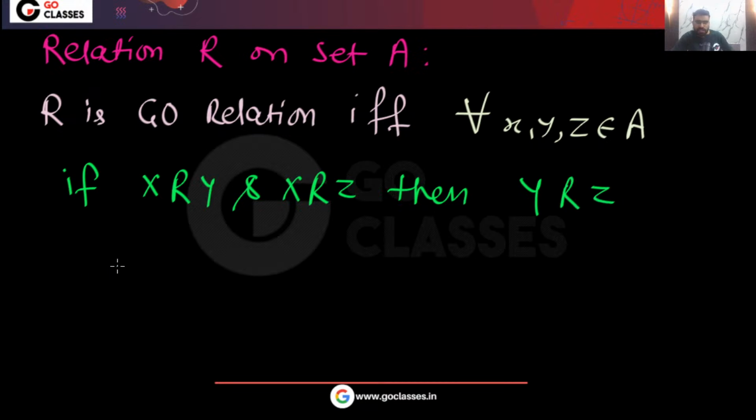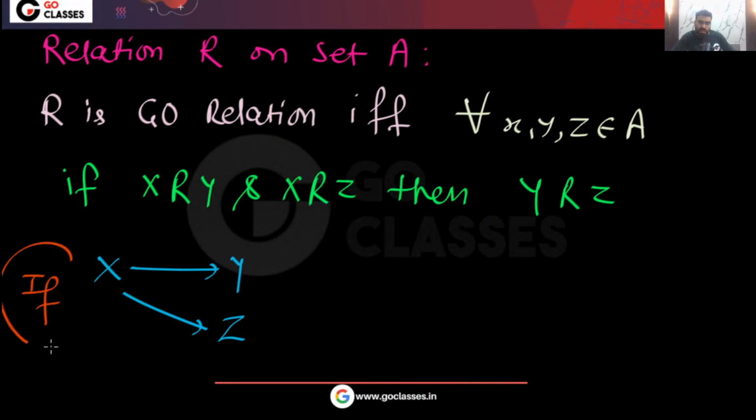Let's create the diagram. If x is related to y and if x is related to z, please notice, if this happens, then y will be related to z. Of course, z also will be related to y. Yes or no? Because for all x, y, z, this will happen.